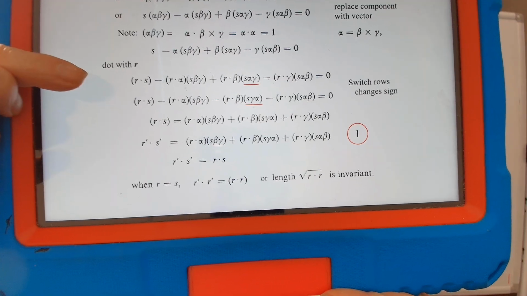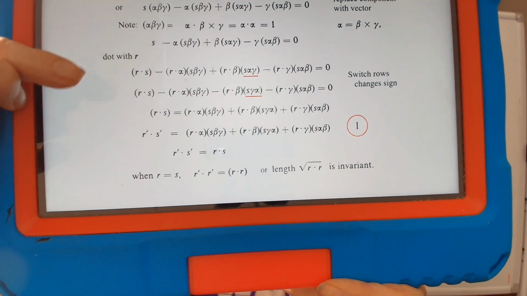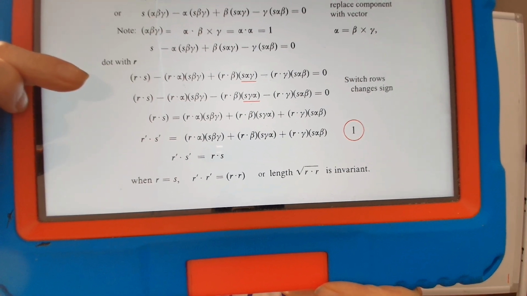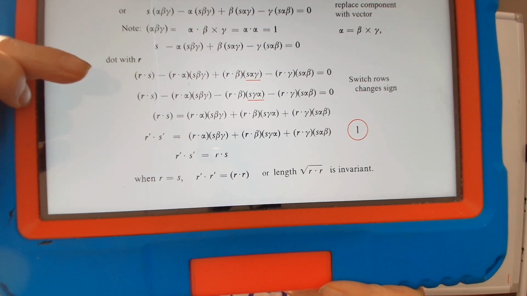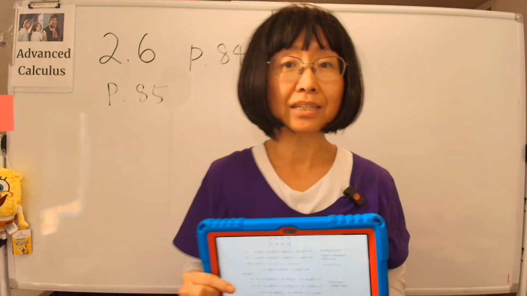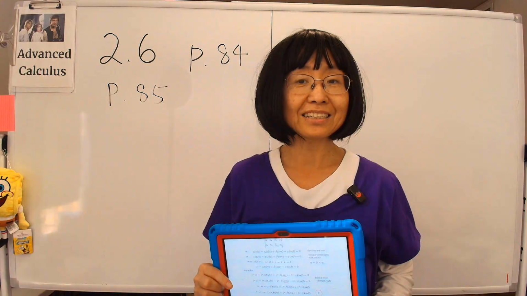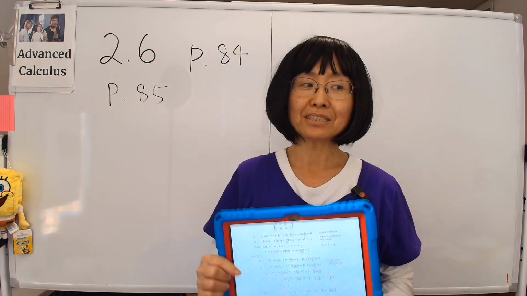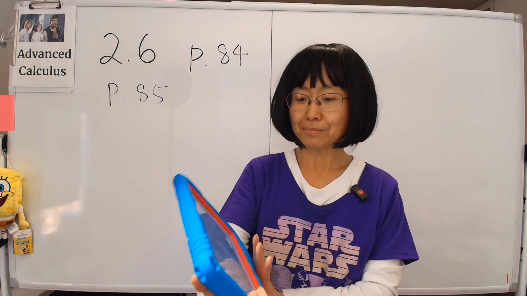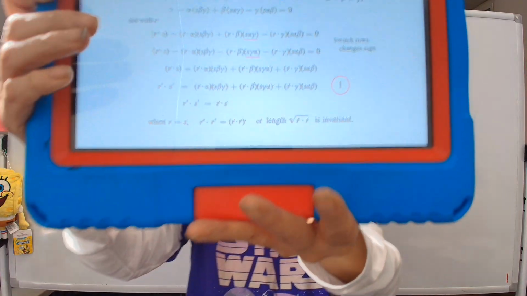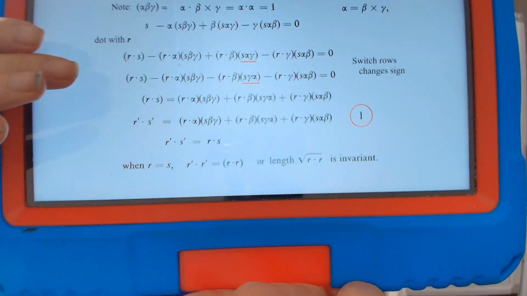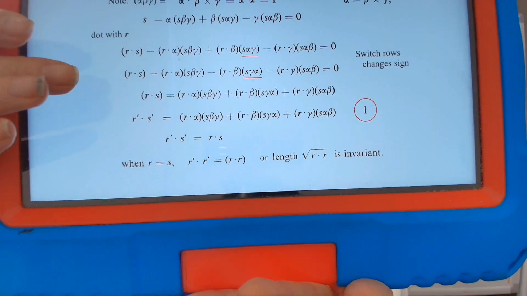We'll switch the alpha gamma into gamma alpha, which switches the sign before it, okay? The sign goes from plus to minus because when we switch those things, we're switching the rows, in this case the columns, but either way, they're the same for determinants. So once we switch it, then it becomes a minus. All right. So now we have R dot S minus those three things equal to 0.